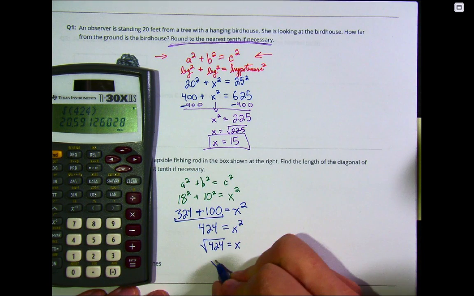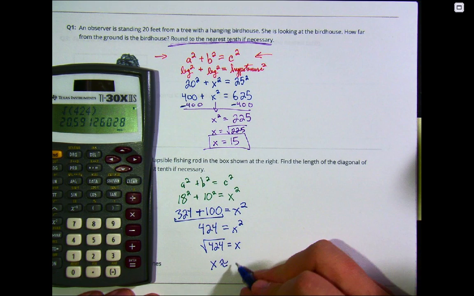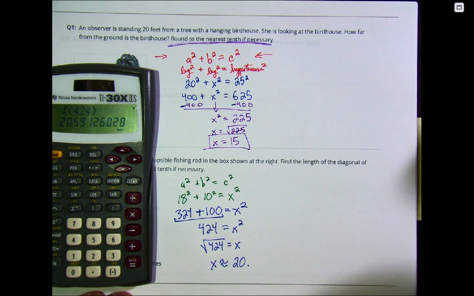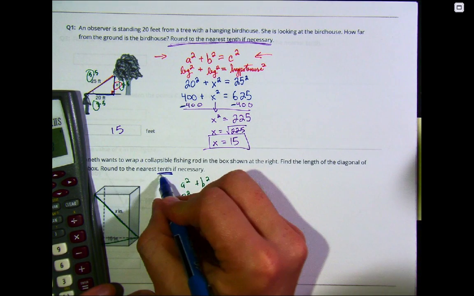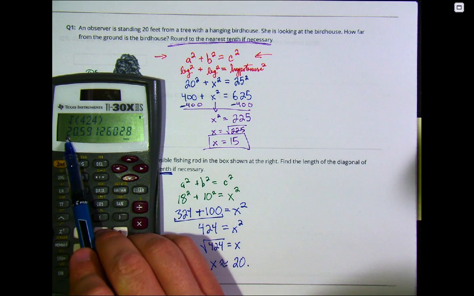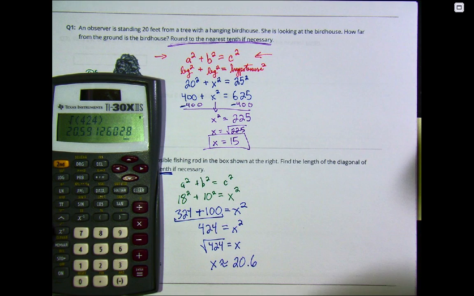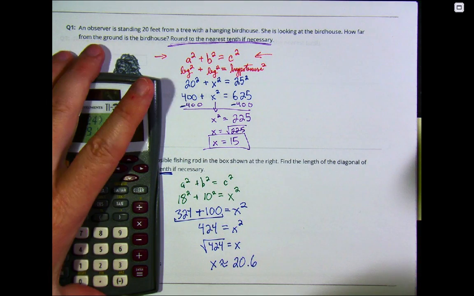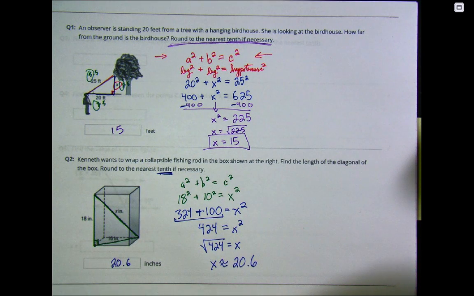So what would I say about x? I would say x is about 20 point, round to the nearest what? Tenth. So I'm going to say it's 20.5, but that 9 would bump that 5 up to a 6. So x is about 20.6 inches, and that's what I would type into my Edulastic on this problem.